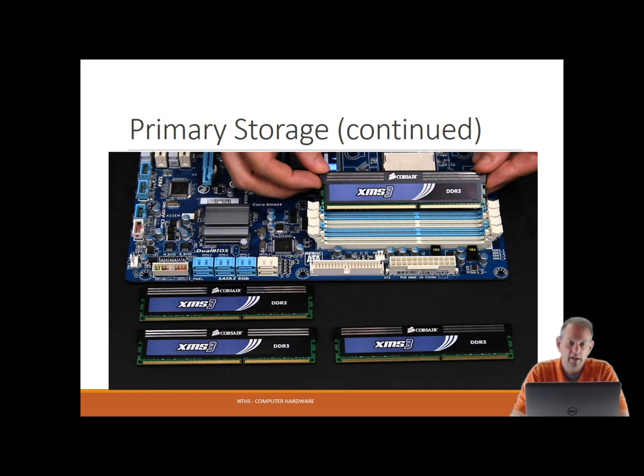We're going to learn how it does that in chapter 5, and how to decide what kind of memory to buy. But in this section, you just need to understand that memory, RAM, is the primary storage for a computer, and that it is volatile and temporary.